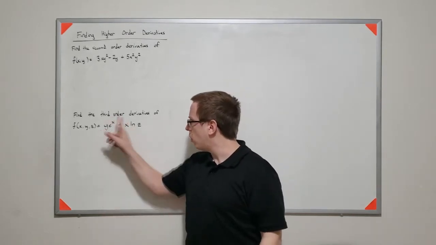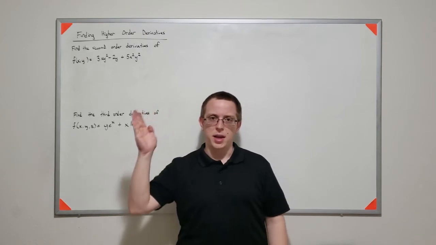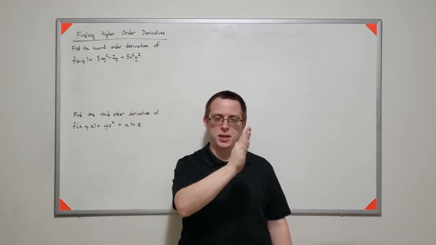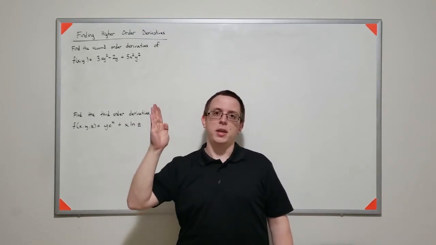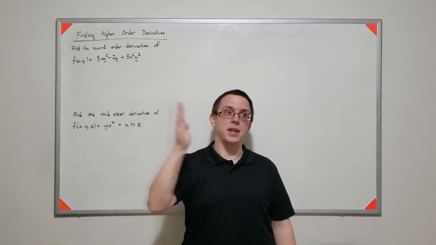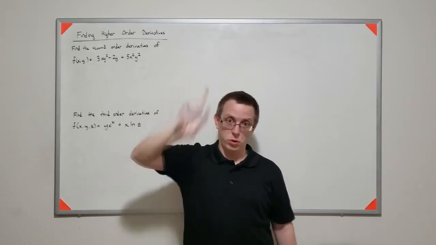But in the case of a third order derivative, you're going to have xxx, xxy, xxz, xyx, xyy, xyz, xzx, xzy, xzz, and then triple that.